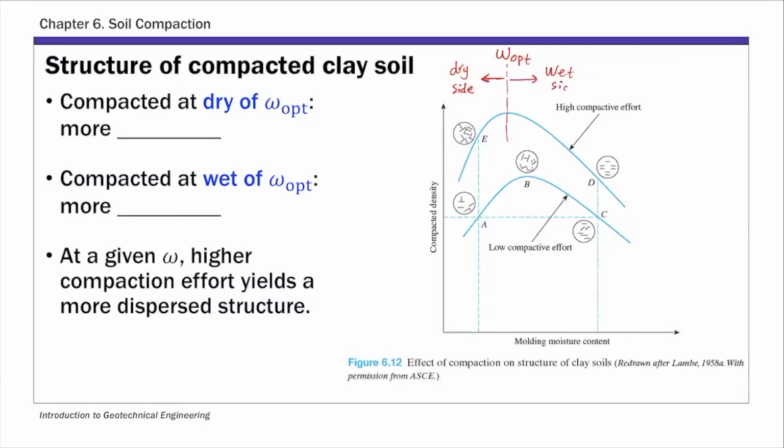Okay. So same for the soil here. So this is WOPT. This is dry. This is wet. Okay. So if you're compacting soil at a moisture content smaller than the optimum moisture content, the structure of the clay is more flocculent.